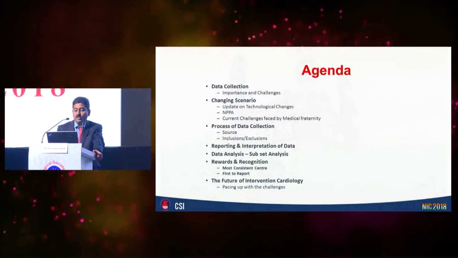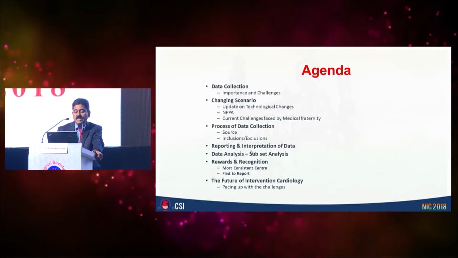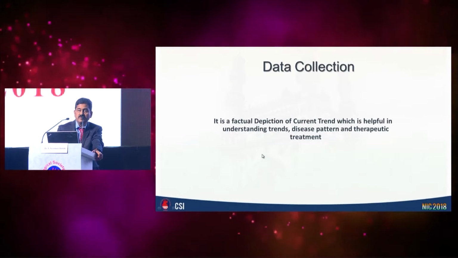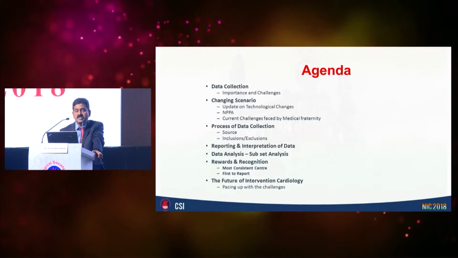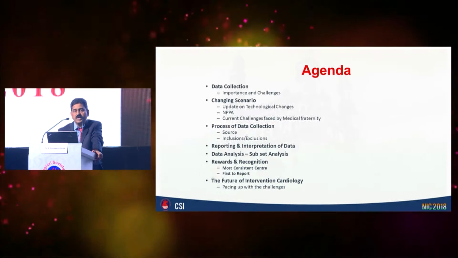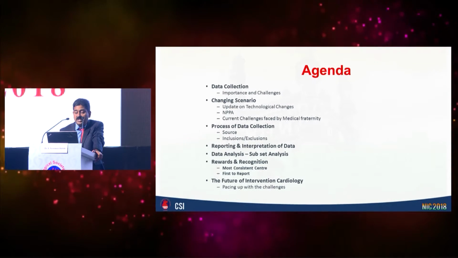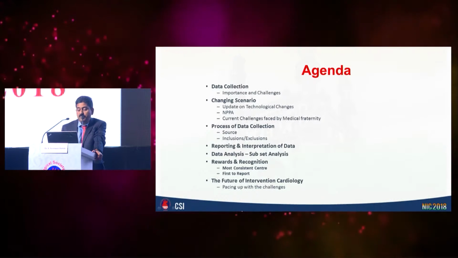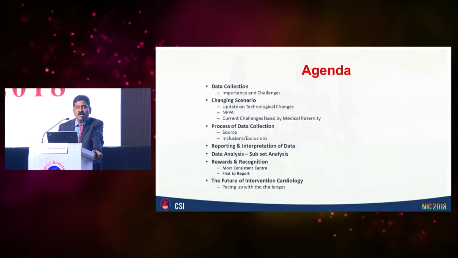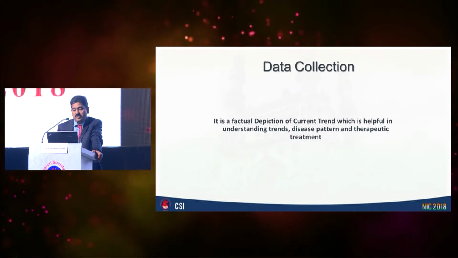Then the most important thing which I thought, apart from the numbers, is a data subset analysis, which will go into details like left main subsets and CTO subset. Whatever information you could collect, probably you could expand further in future, and then we can bring out more meaningful research which will help our patient population. So in the end, I would briefly mention what the future plans are for the coming year.